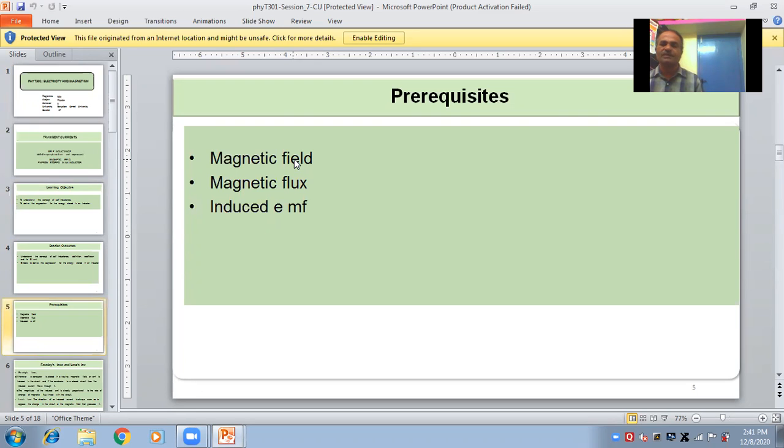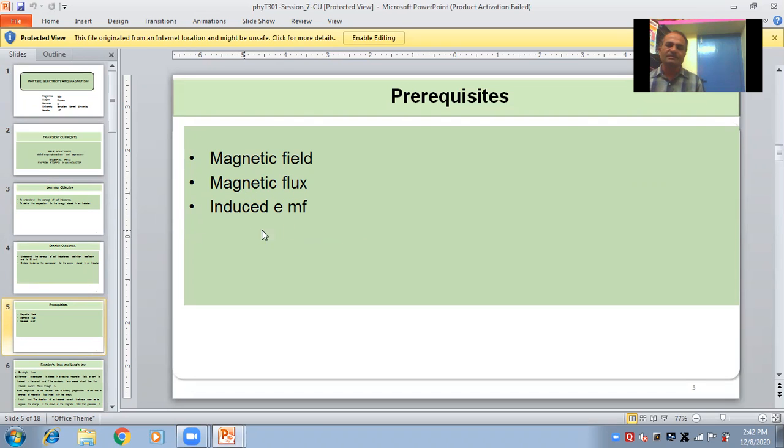This happens because of the magnetic field, and this magnetic field is characterized by spatial lines called magnetic flux lines. These magnetic flux lines are distributed wherever the magnetic field is there, and these magnetic lines of force indicate the direction of the magnetic field at a given point.